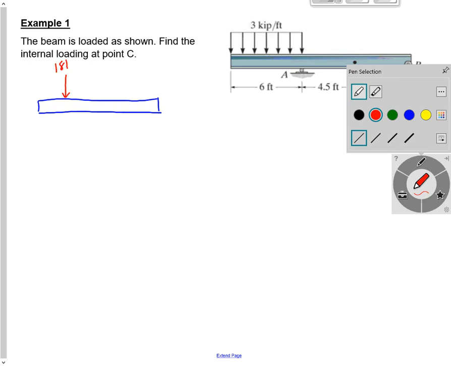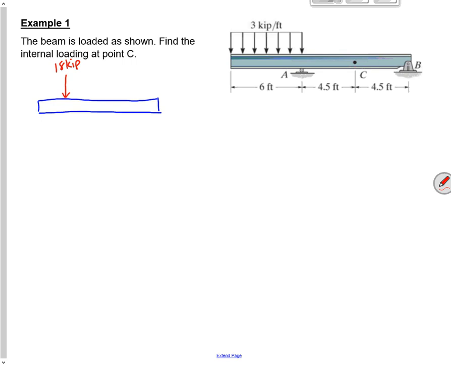So this is 18 kilopounds, and that's going to be located 3 feet from the left. Then I get a support reaction here, AY. I get a BX, I get a BY.